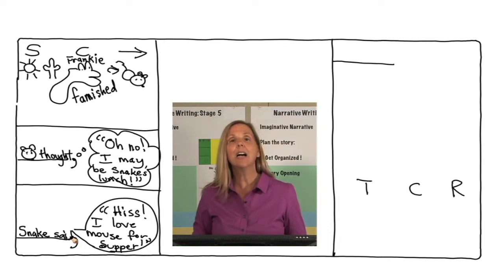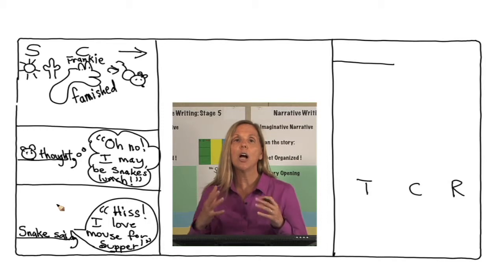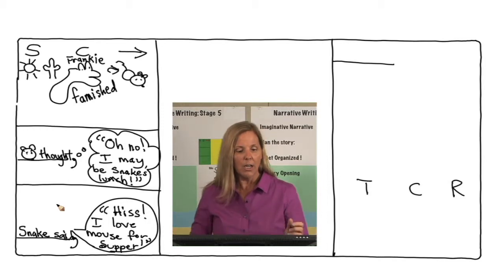We have the beginning of our story. We have our story opening at the top with SC arrow. Then we decided to have a couple of sentences to show a reaction. And we decided we wanted to show the reaction of the mouse and of the snake by having them think something and say something.